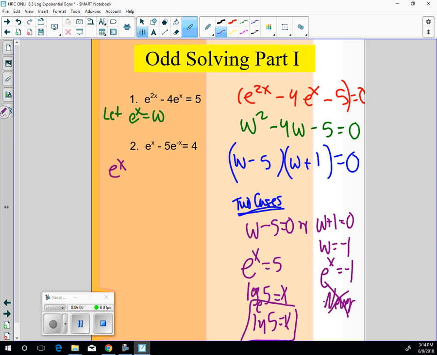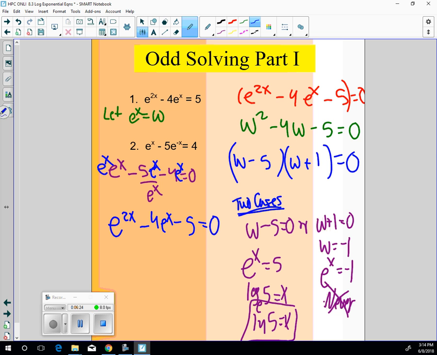And you can do that with this one. e to the x minus 5 over e to the x minus 4 equals 0. What you might want to do is multiply everything by e to the x. So that's going to be e to the 2x minus 5 minus 4 e to the x equals 0.